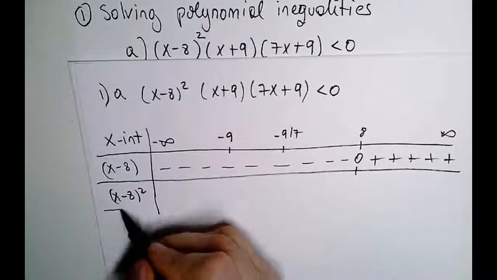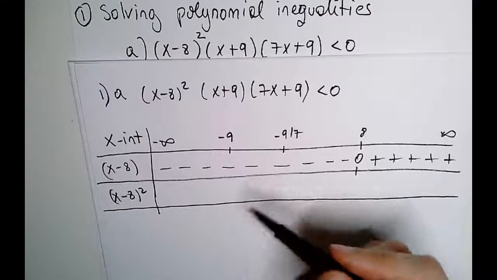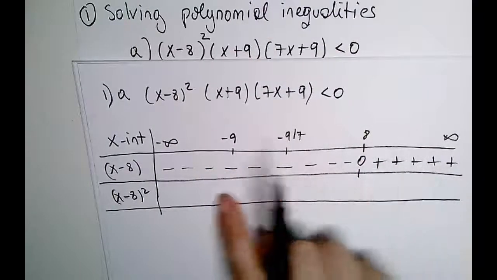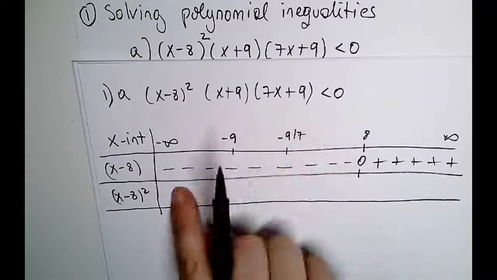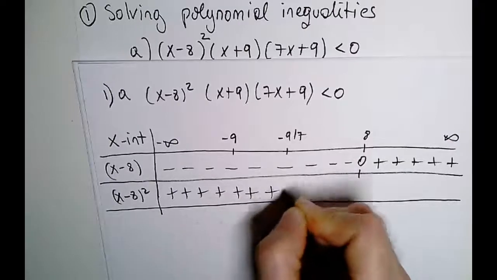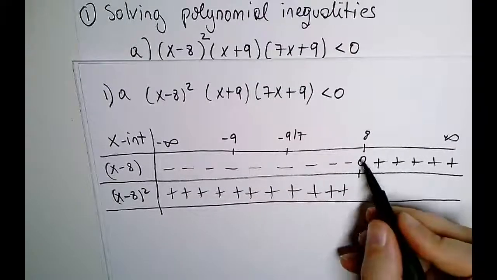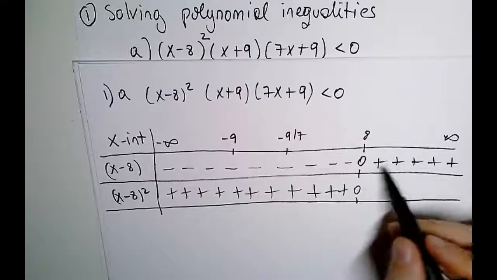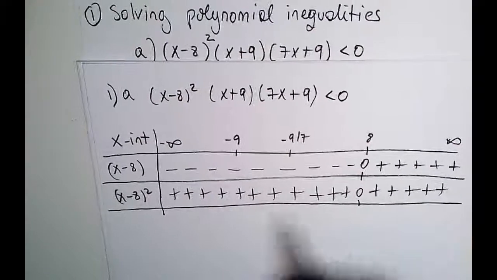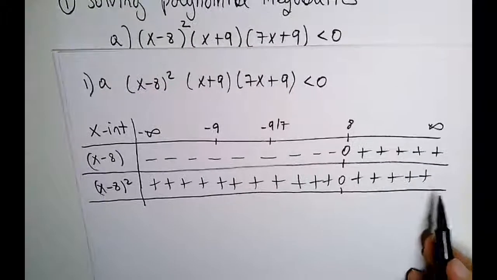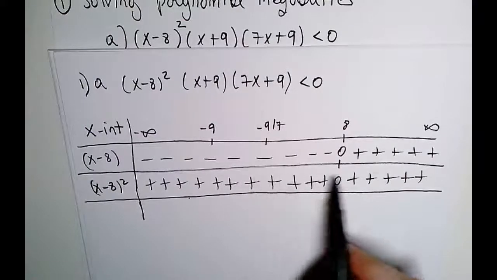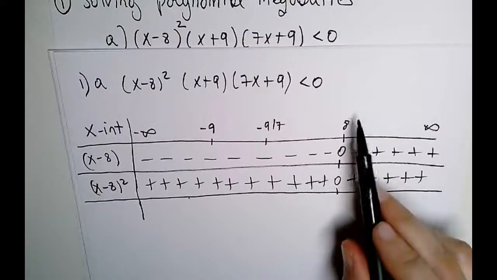A negative number squared means a negative times itself, so it's going to give me positive. And then 0 squared is 0, and then a positive number squared is still positive. So this is the sign of (x minus 8) squared, which is not surprising because it's always a positive quantity, or 0 when x is 8.